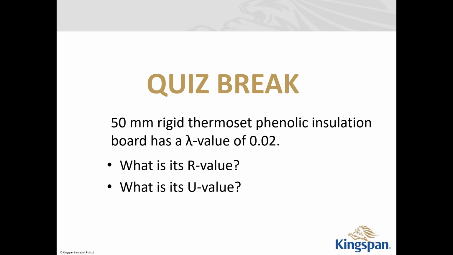To work that out in meters, it would be 0.025, and then you need to divide that by the K value, 0.02, and that will give you the R value. Did you work that out?